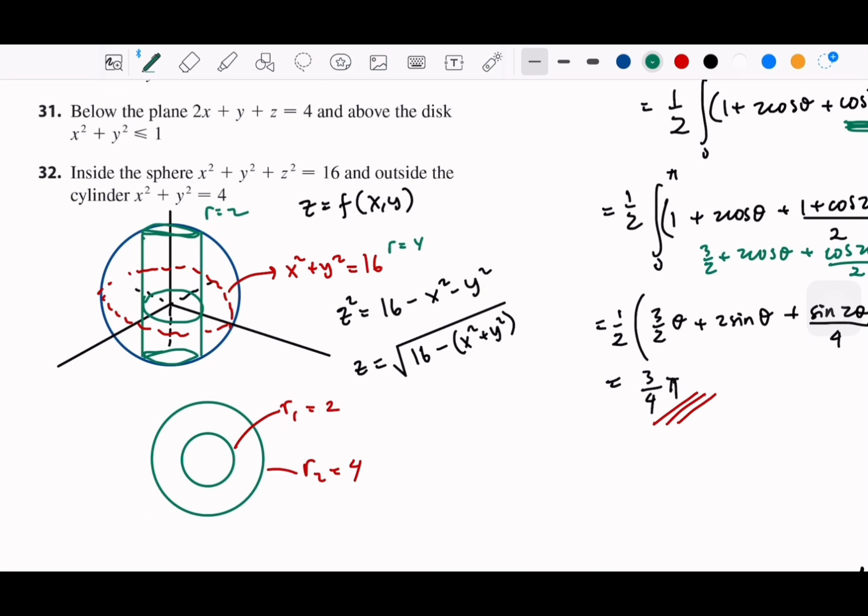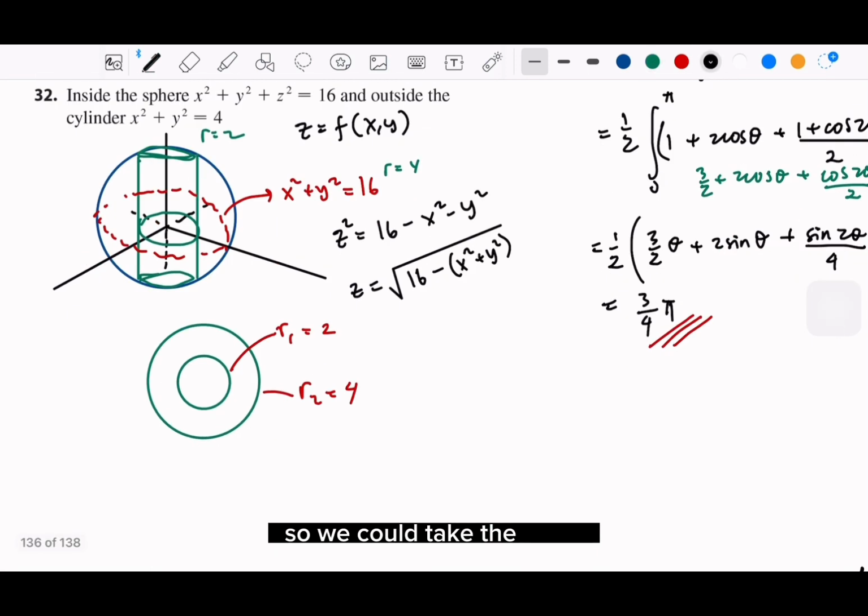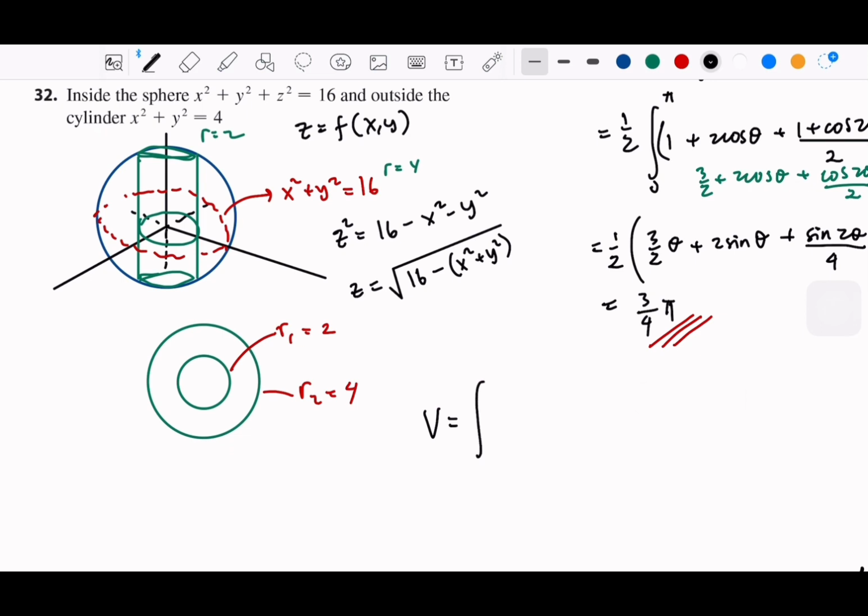Okay. So we could take the volume as, we could take this from 2 to 4, okay?